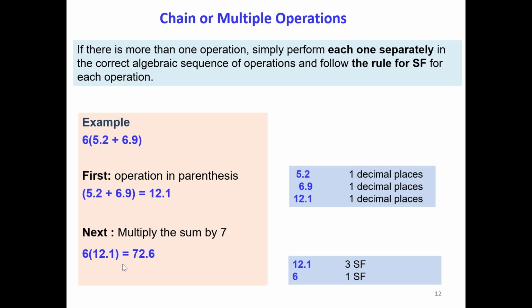Now, if we multiply these two numbers, the answer we got is 72.6. Because it's multiplication, we need to take into account the number of significant figures. For 12.1, we had 3 significant figures. For 6, we had 1 significant figure. Then the answer must have 1 significant figure.